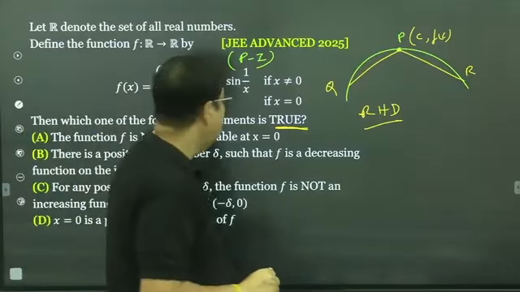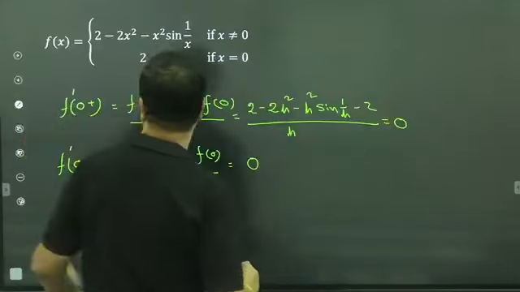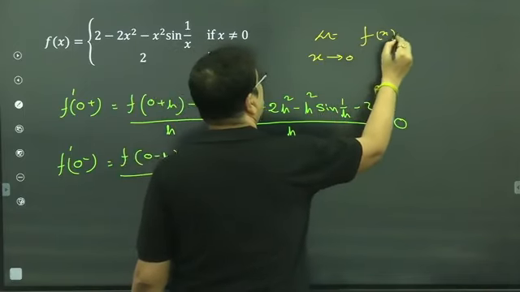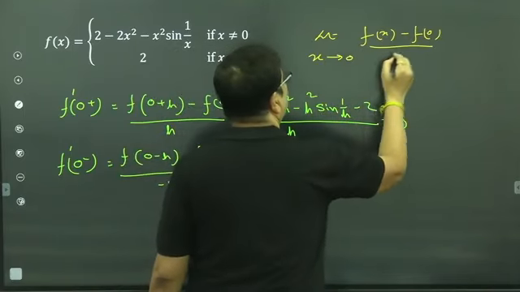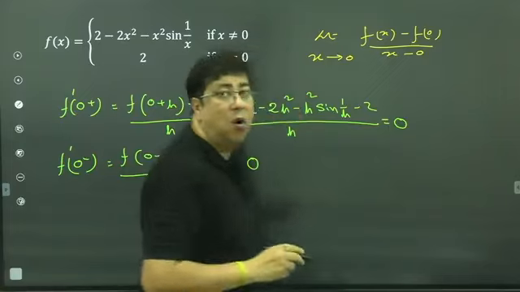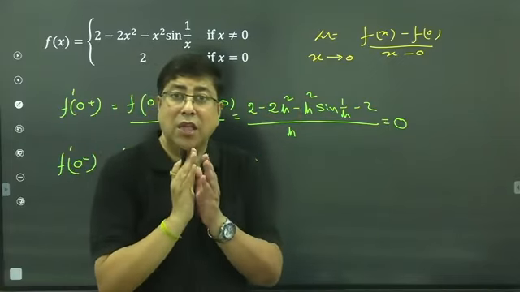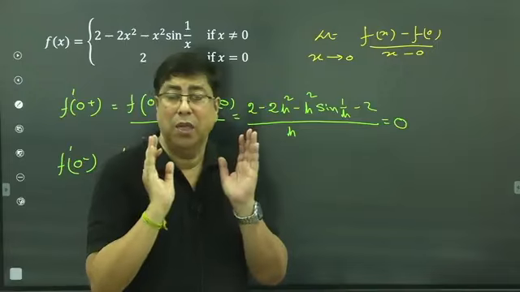So in this case, everybody, let's see one thing. We could get the differentiability by limit x tends to 0 of (f(x) minus f(0)) by (x minus 0). But we should not proceed with this. What is the reason behind it? Only x equal to 0 is the problem area.